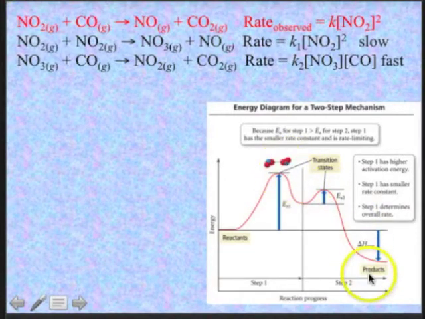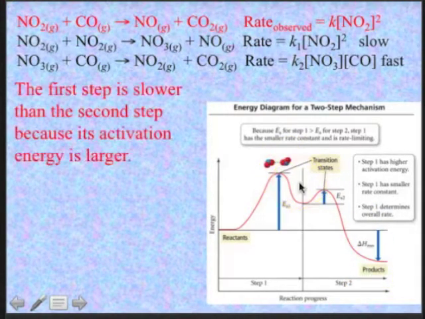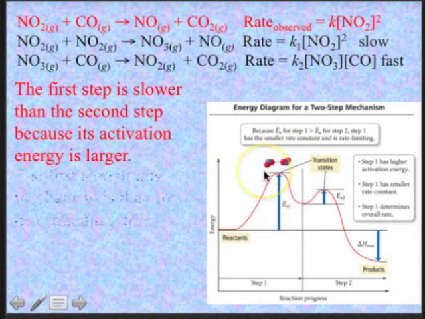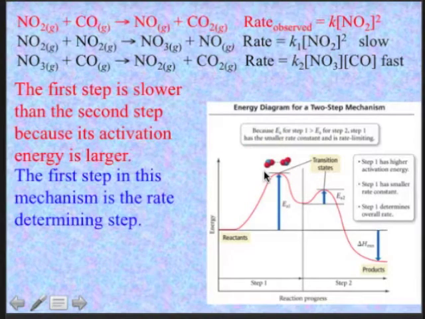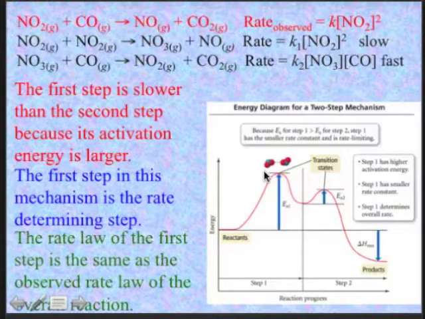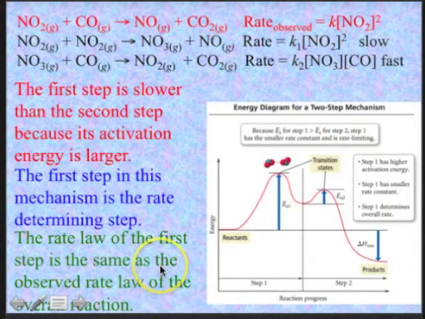Only the slow step does that. The first step is slower than the second step because its activation energy is larger. And the first step in this mechanism is the rate determining step. And the rate law of the first step is the same as the observed rate law of the overall reaction.